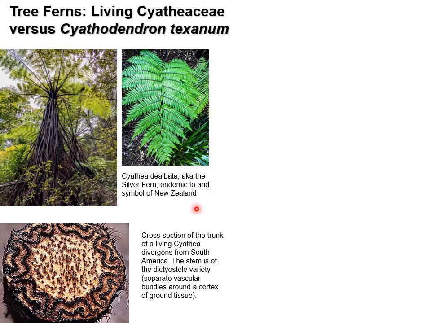So since this is wood anatomy, we need to focus on what the stems look like of these Cyatheas. So this is a cross section. You'll notice this looks completely different than what we've seen before. The interior here is mostly parenchyma cells, and these structures on the outside are all what's called leaf traces.